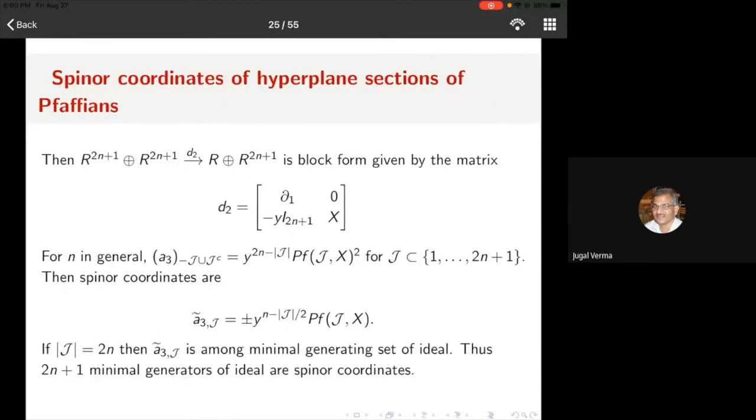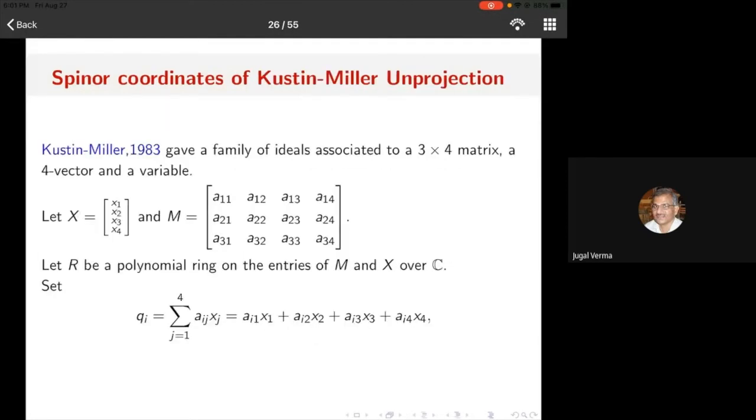Next we talk about the Spinor coordinates of grade 4 Gorenstein ideals with 7 generators. Such a 7-generator example was given by Kustin-Miller, and they associated this example with a 3 by 4 matrix, a 4-vector and a variable, and they consider a polynomial ring R over C with these entries from this matrix and an extra variable y, and denote Qi to be this.